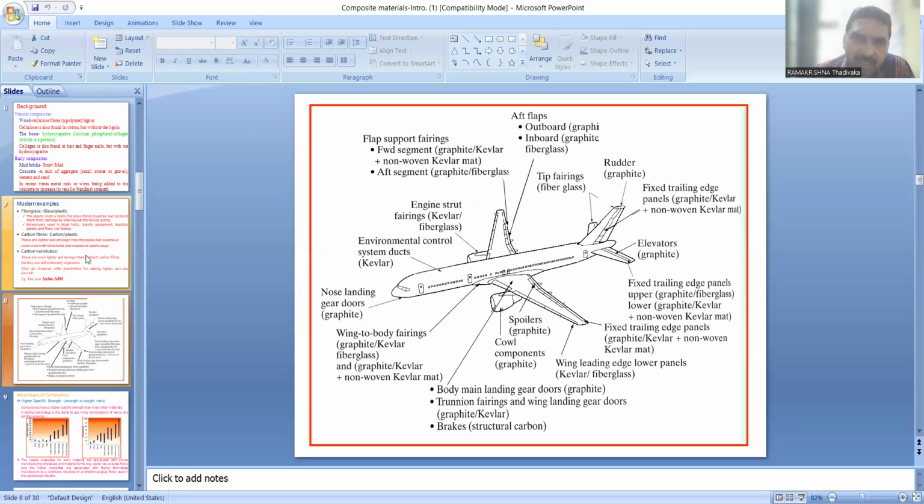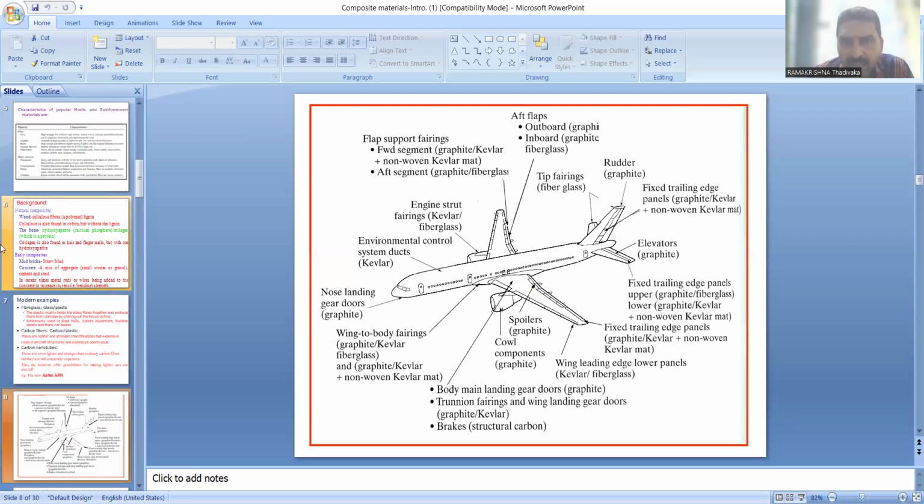We can see in the slide the engine strut fairings are Kevlar and fiberglass, the environmental control system duct is Kevlar, and the body main landing gears are graphite. Like this, nearly all the parts are made of composite material, right?